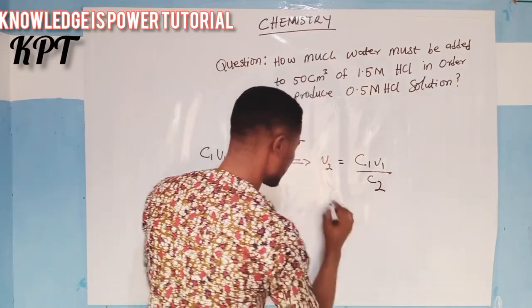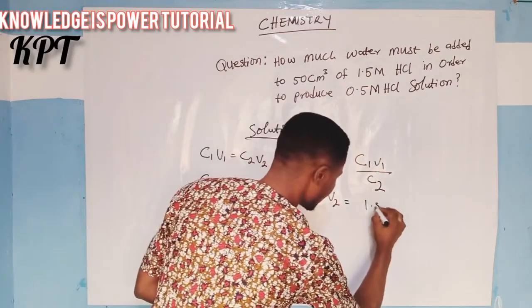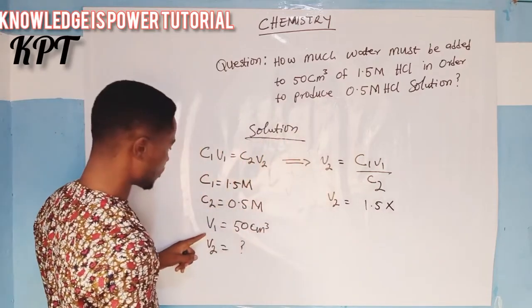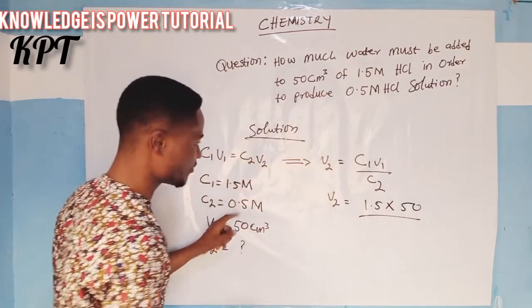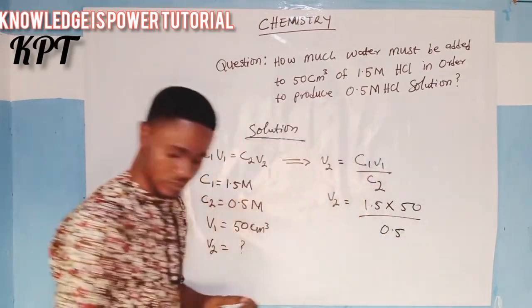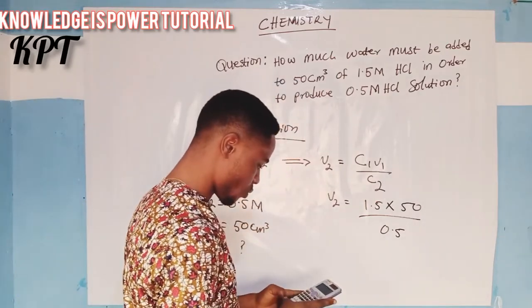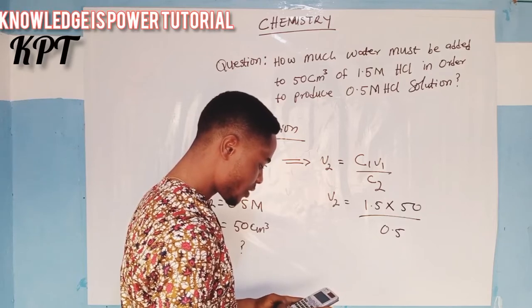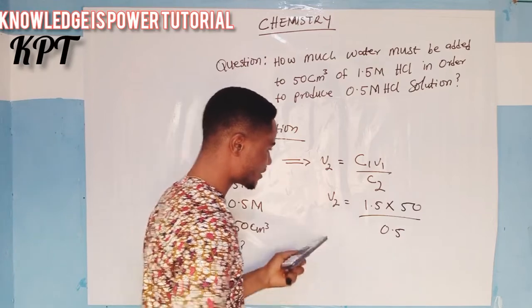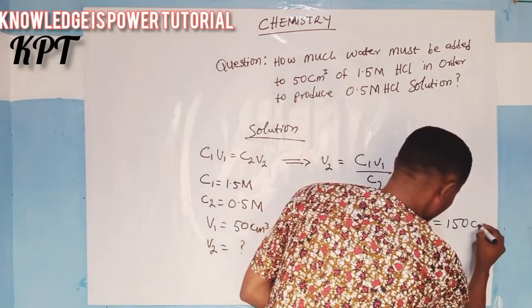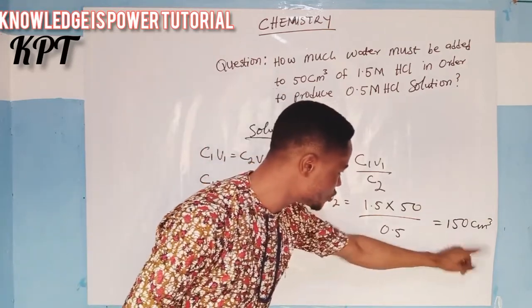By substitution, V2 is equal to 1.5 times 50 all over 0.5. Doing that with my calculator, 1.5 times 50 all over 0.5 will give me 150 cm cubed.